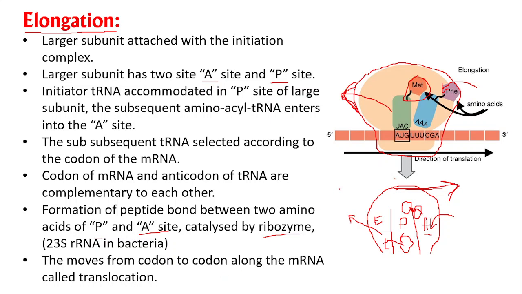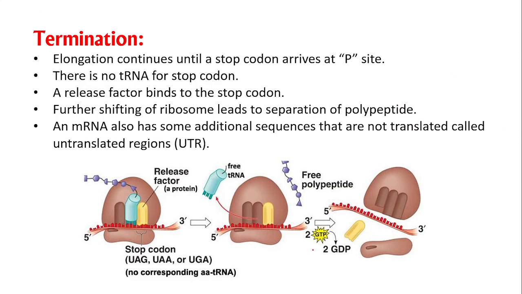That will ultimately lead to elongation of this chain to form a polypeptide chain. Finally, when it reaches a region where a stop codon is present, it will lead to the next step, that is termination.